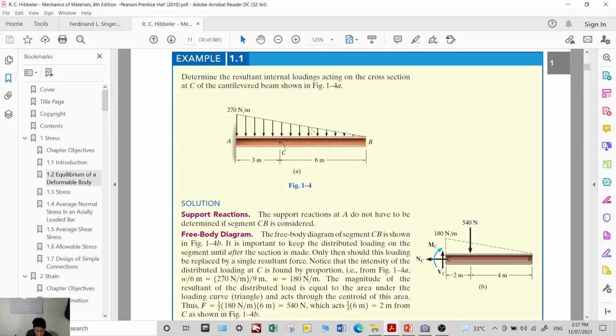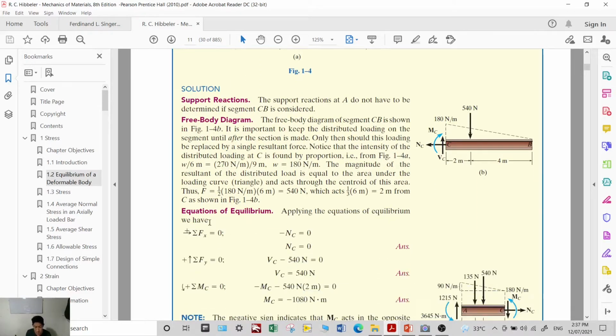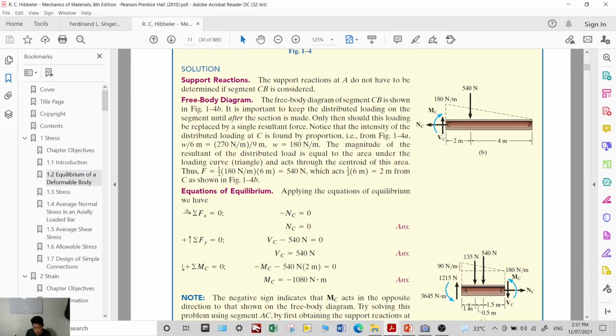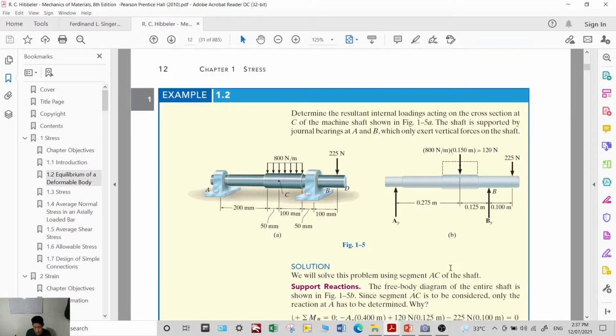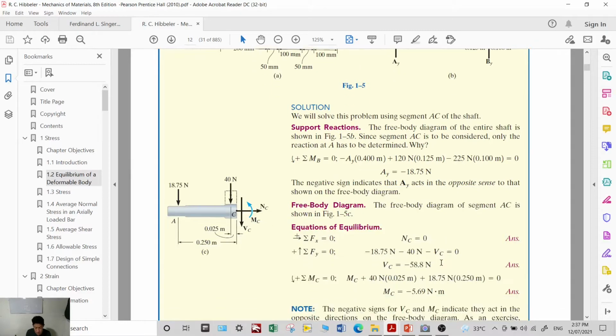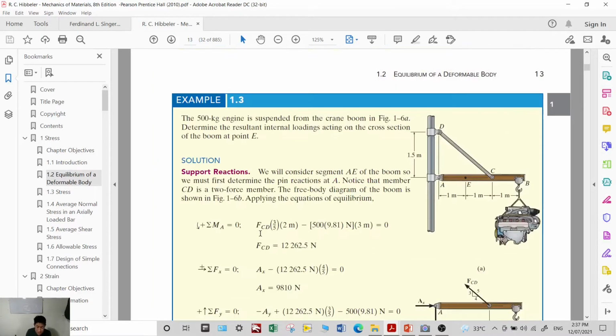So you must apply summation of forces and then summation of moments, and then you can get the forces. For this one as well, kindly review your ENS 161.